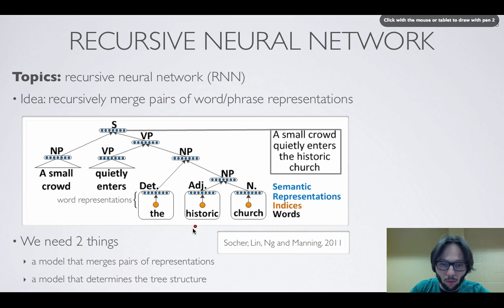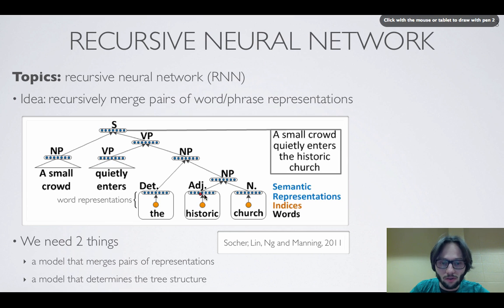Specifically, we'd start with the word representations themselves, and then going up in the tree, we will take the two children of a node and merge their representations using a neural net which will take as argument the two representations and output a new merged representation.